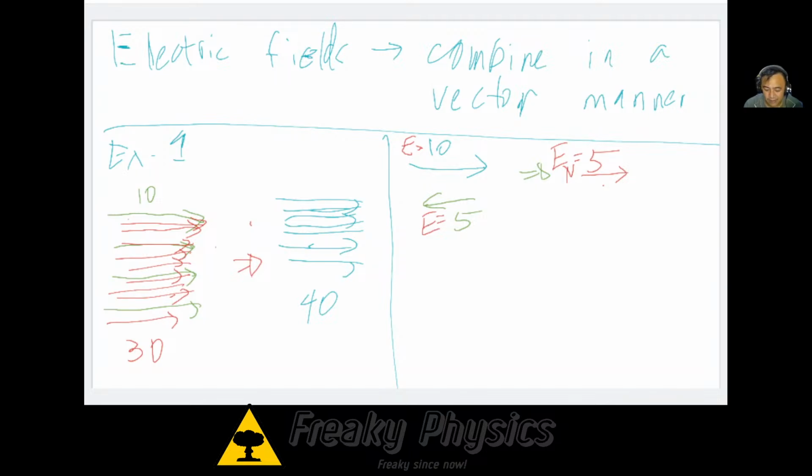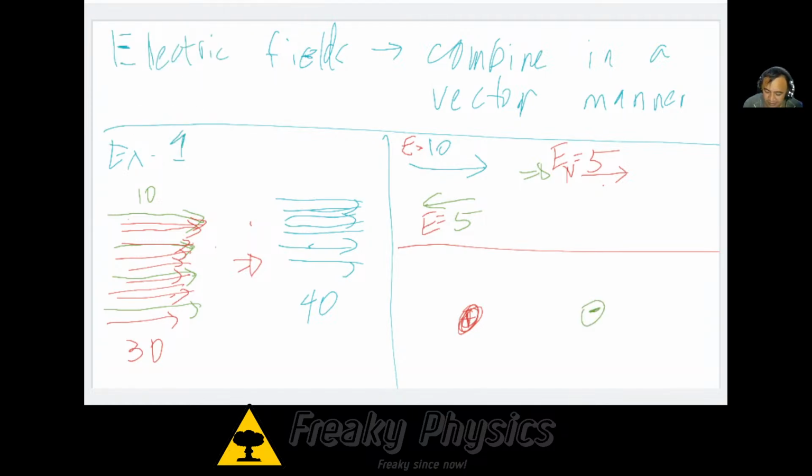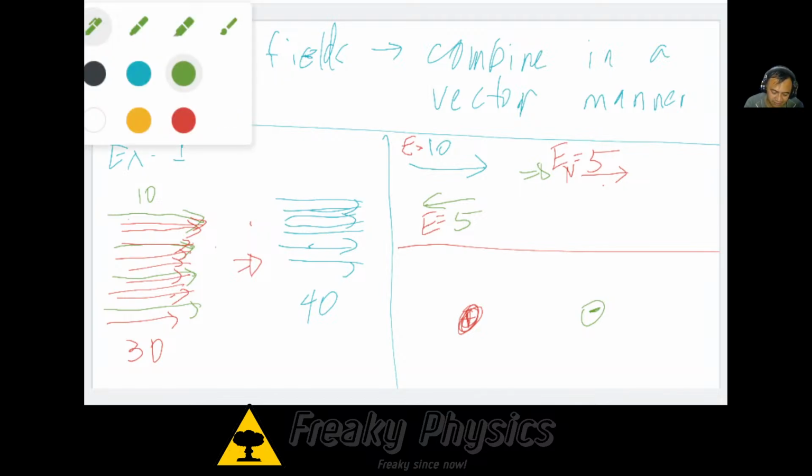Now, what would happen if you have your charges as per your original question? The idea here is this was positive, and let's draw a negatively charged particle here. Let's say that they have equal charges aside from being negative.